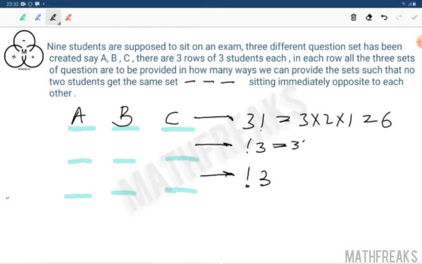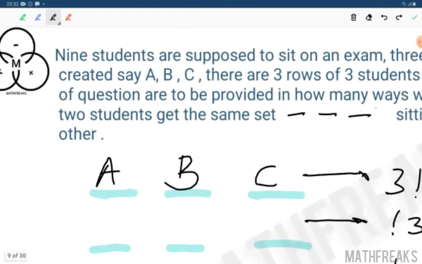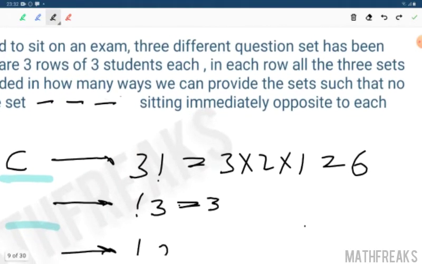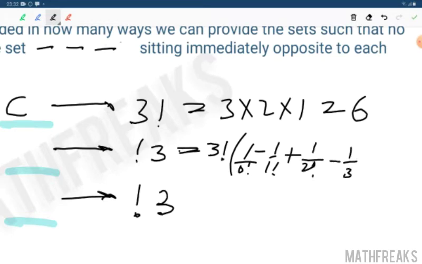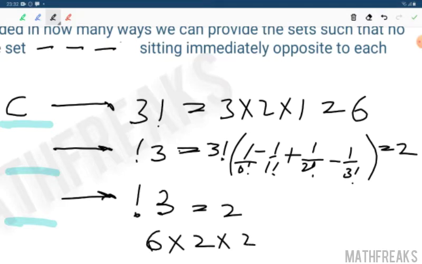Subfactorial 3 is 3 factorial times (1 minus 1 over 1 factorial plus 1 over 2 factorial minus 1 over 3 factorial). 3 minus 1, 2, this will be 2, this is also 2. So the answer is 6 into 2 into 2, 24. This is the final answer.